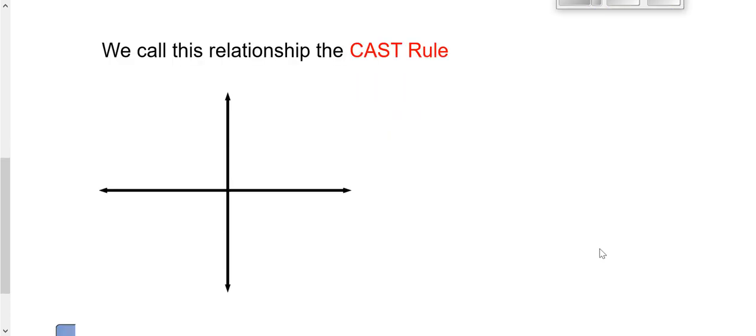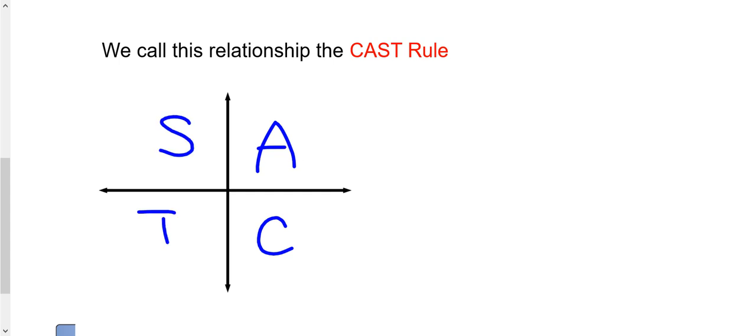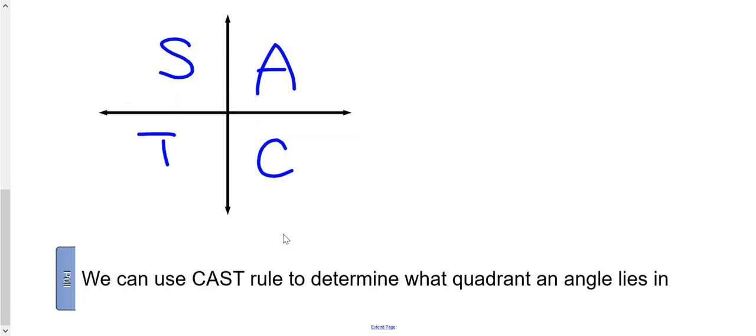So we can write down here, CAST, CAS. All is positive, or everything. Sine is positive, tangent is positive, cosine is positive. Everything else is negative here. Everything else is negative except tangent. Everything is negative except cosine.